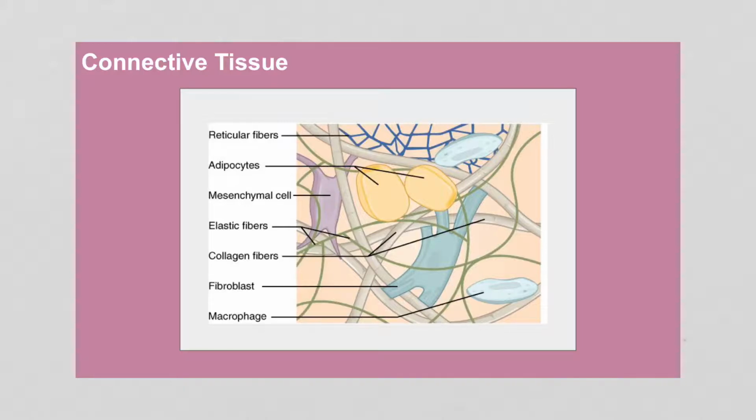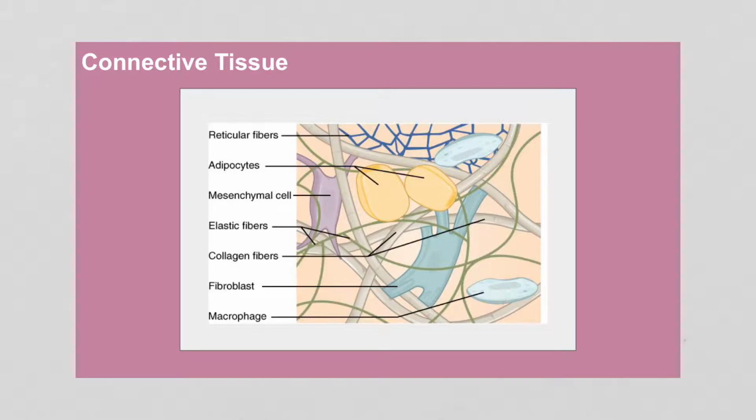Okay? Connective tissue can be avascular or highly vascularized, and it's composed mostly of a non-living extracellular matrix. There are some cells here. Here's a cell, here are some cells.